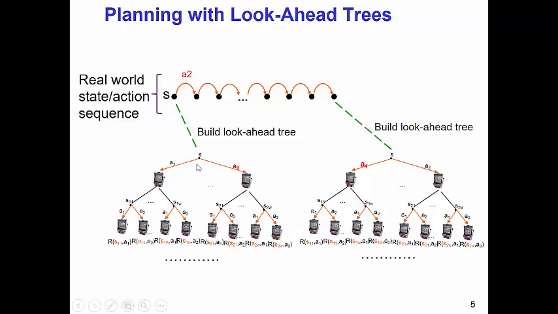Now we're going to use the simulator to build a tree that looks ahead at the possible futures that can occur. When we were doing policy rollout, the only possible futures we looked at were ones that could be generated by the policy that we were given. And that's why we just had these straight lines.